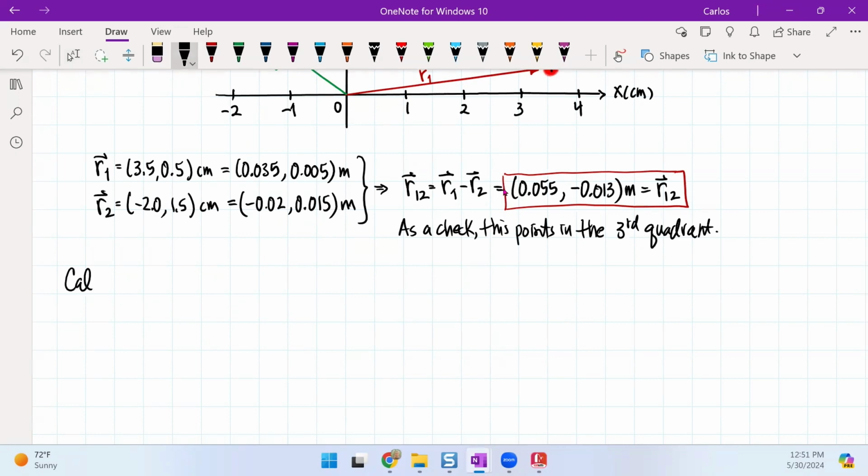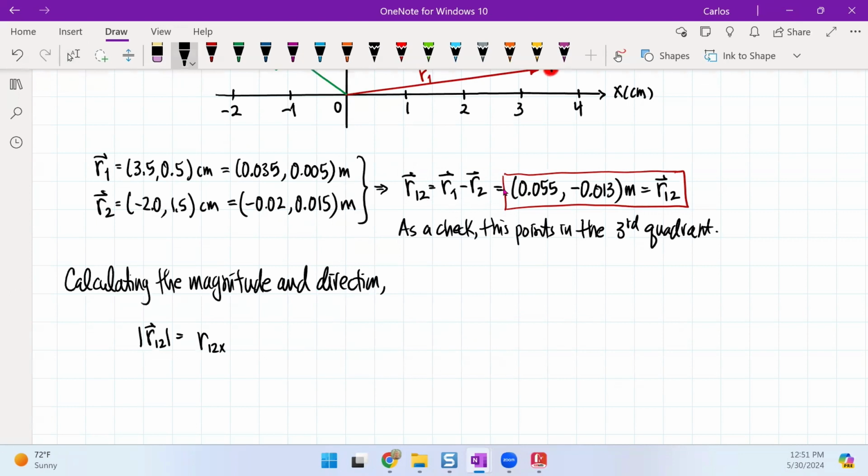So calculating the magnitude and direction, I see that the magnitude of R12 is going to be the square root of R12x squared plus R12y squared.